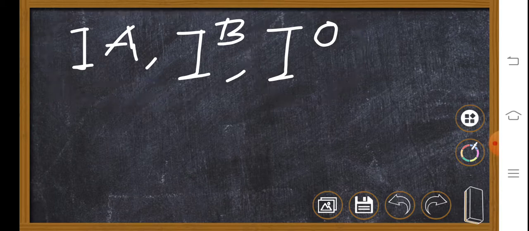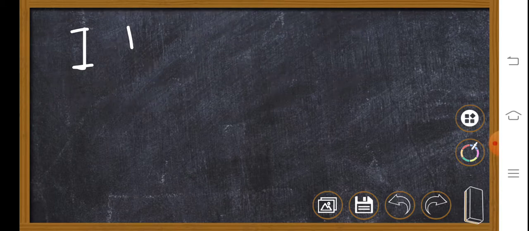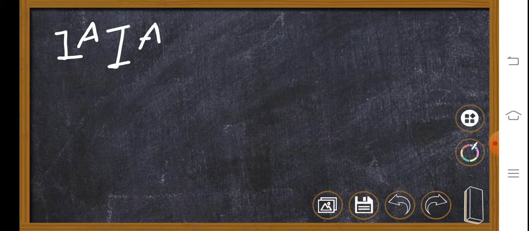Now, the conditions may be like this. First condition, IA IA. Second condition, IA, I naught.